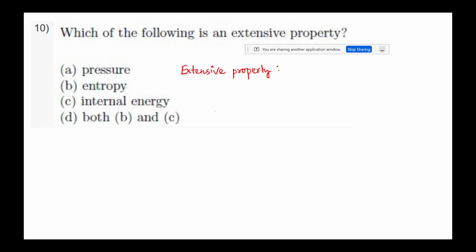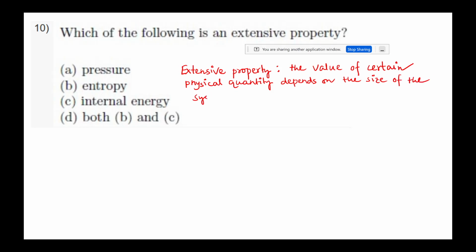Okay. So extensive property is like the value of a certain physical quantity that depends on the size of the system they are subjected to.